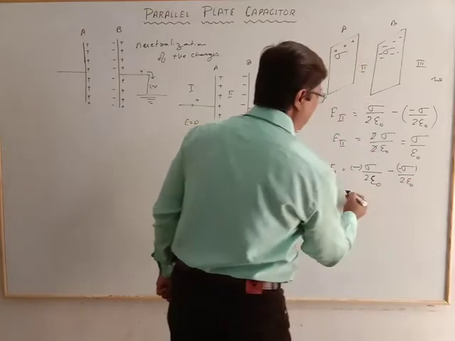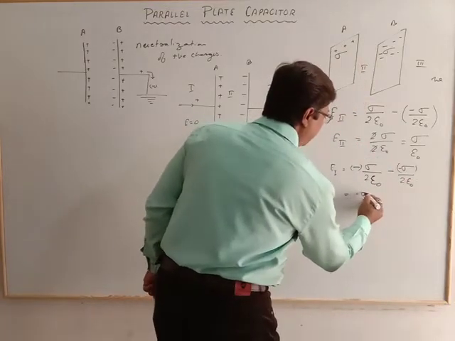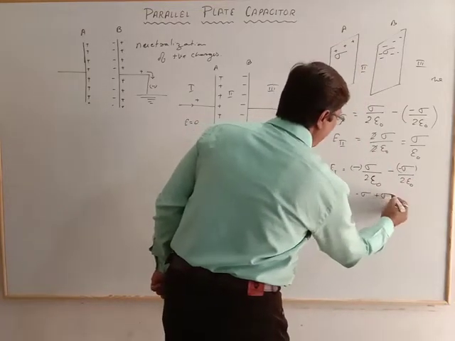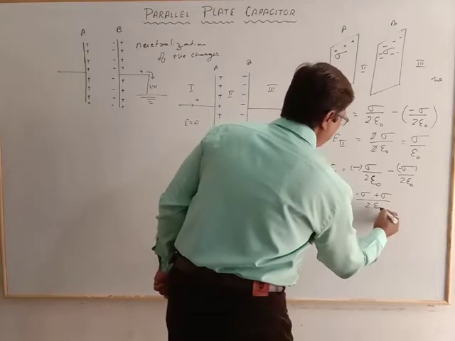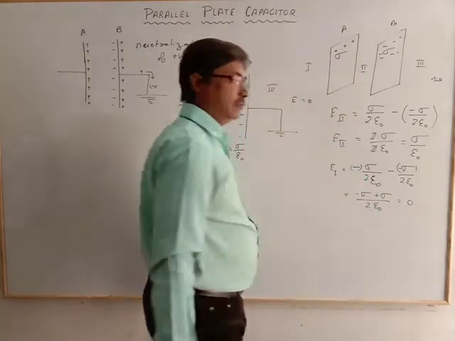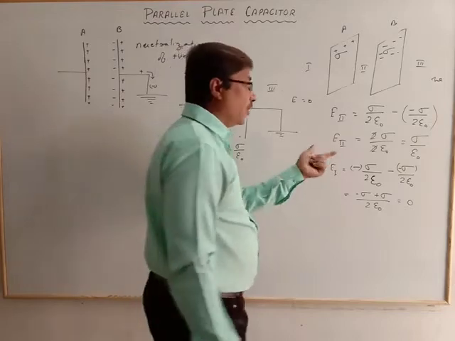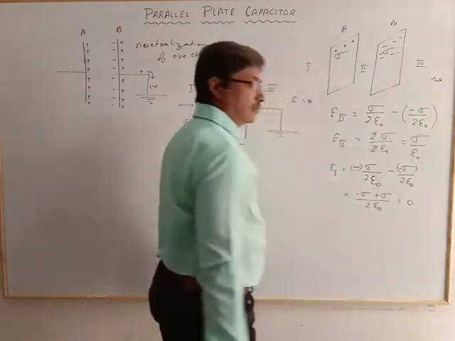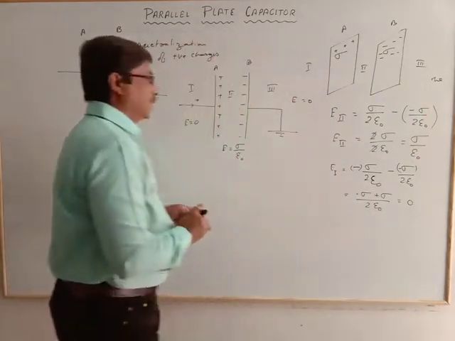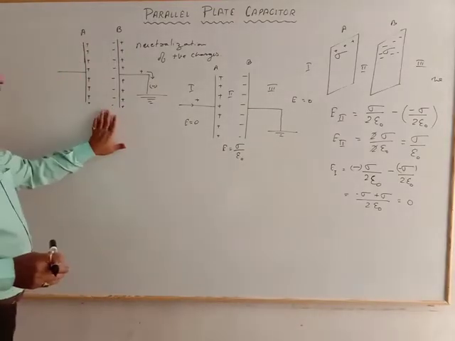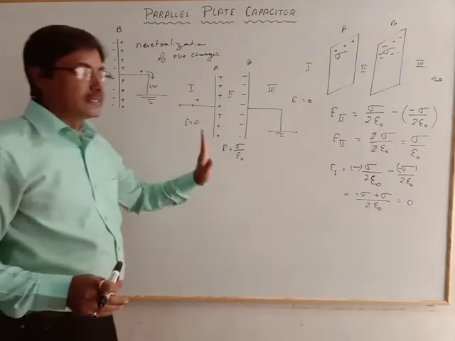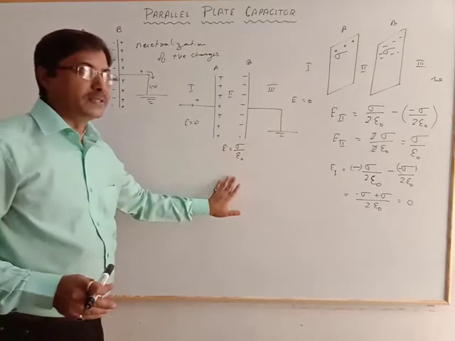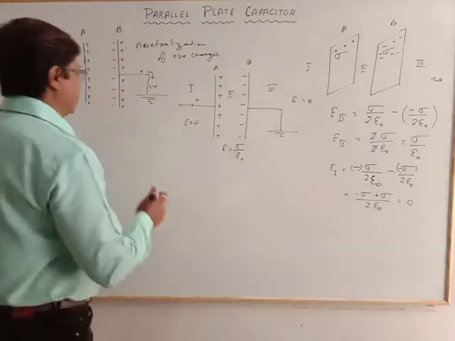What we observe here is negative sigma, or here it is plus sigma, by 2 epsilon naught, and that equals 0. The same condition will be followed in the case of the third region also. So in the parallel plate capacitor, the electric field only exists in between the two plates.